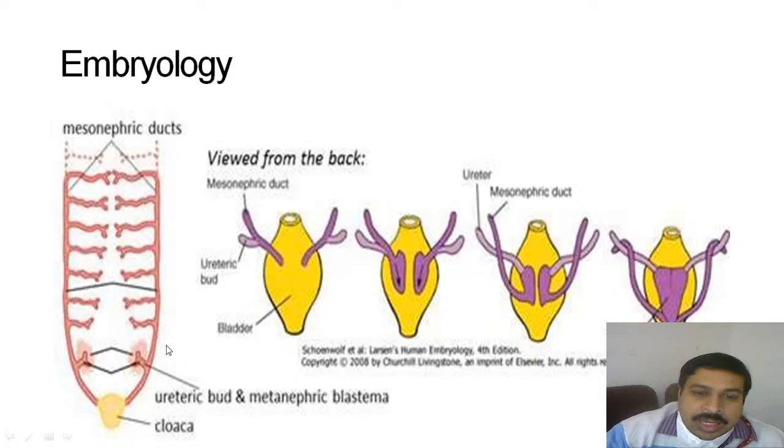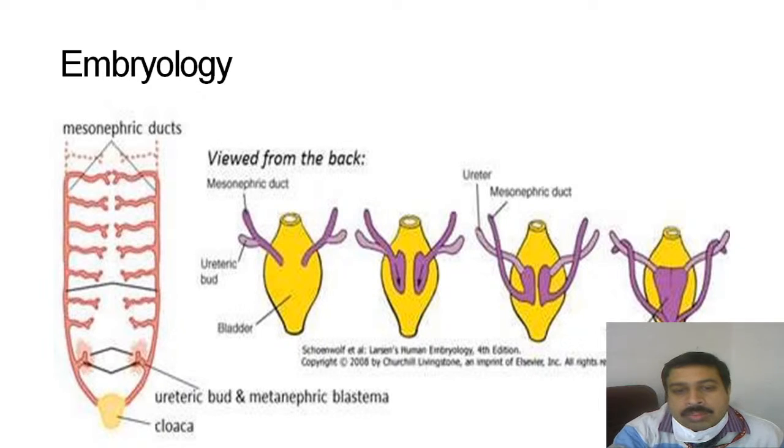So that is fine. What happens around the cloaca, and this is the posterior view of that. The cloaca has now become the future bladder, because the urorectal septum has divided the bowel backwards. It has separated and it has gone backwards. But what we can see from behind is this is the mesonephric duct and the ureteric bud developing bilaterally, symmetrically, and then gradually it becomes part of the bladder.